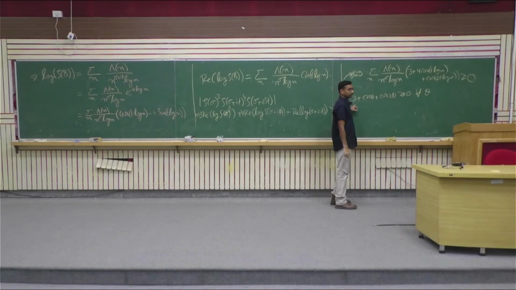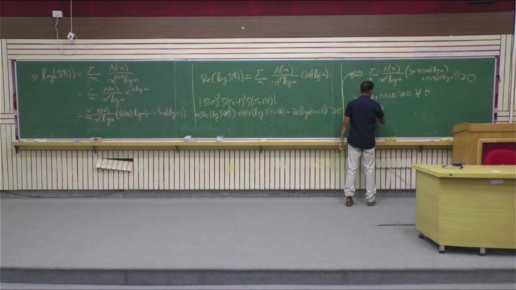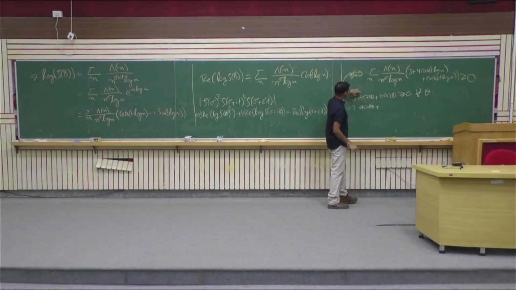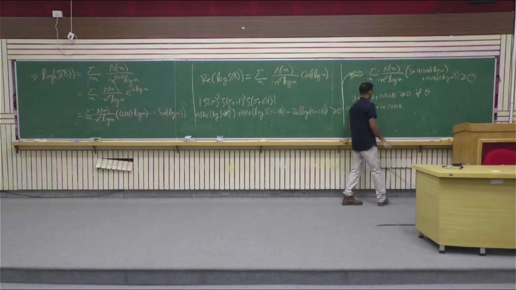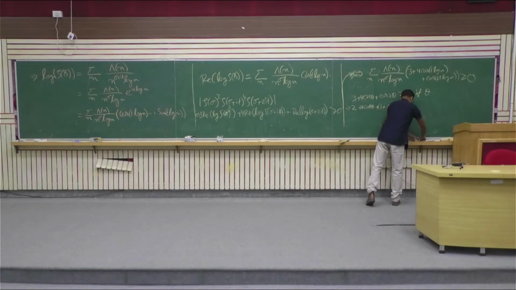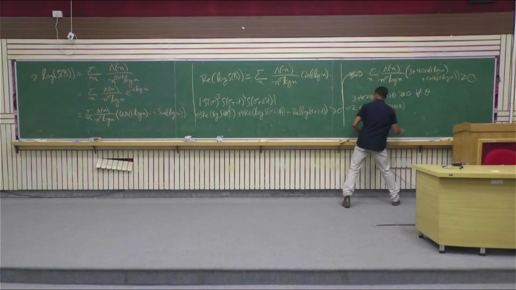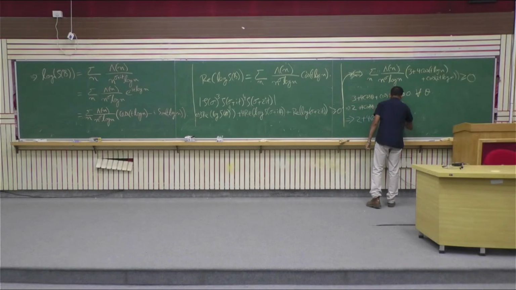Because cos 2 theta is 2 cos square theta minus 1, so this is 2 plus 4 cos theta plus 2 cos square theta.